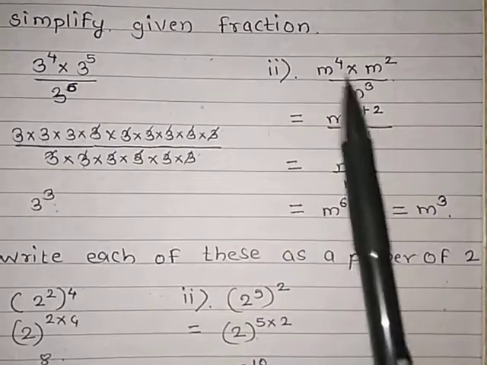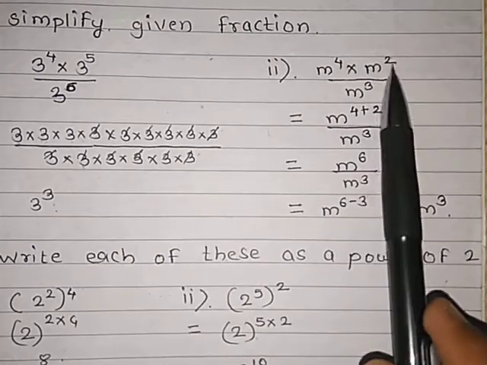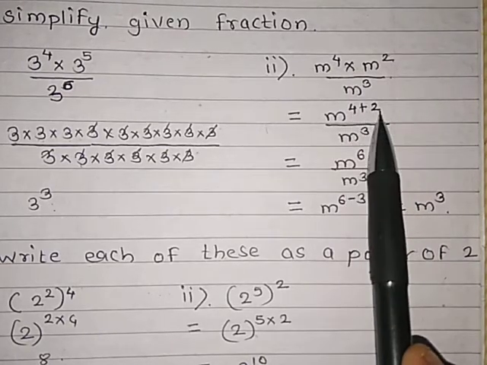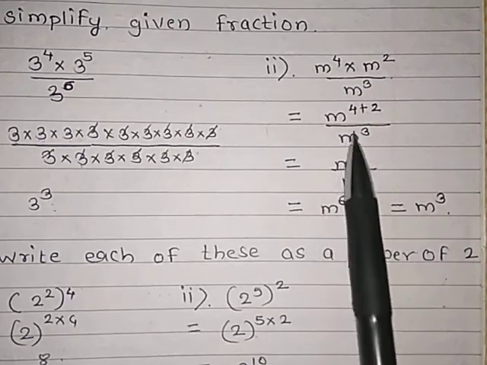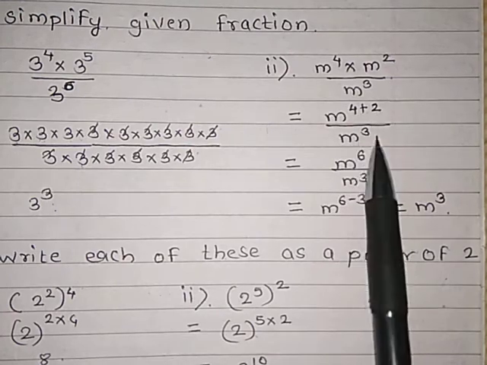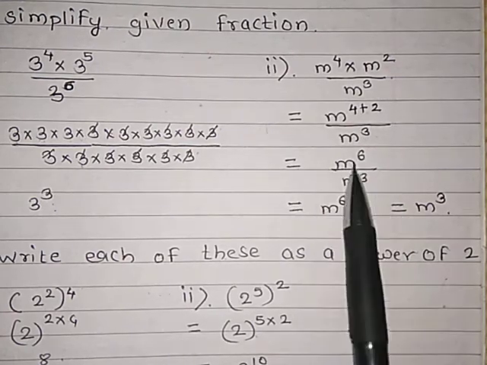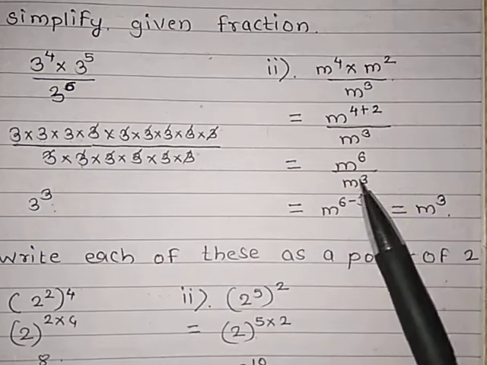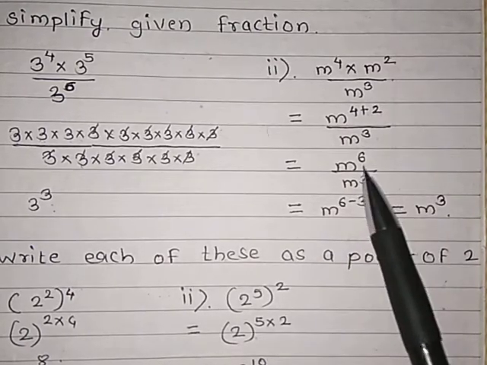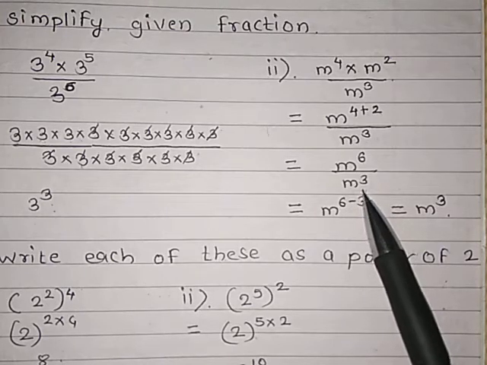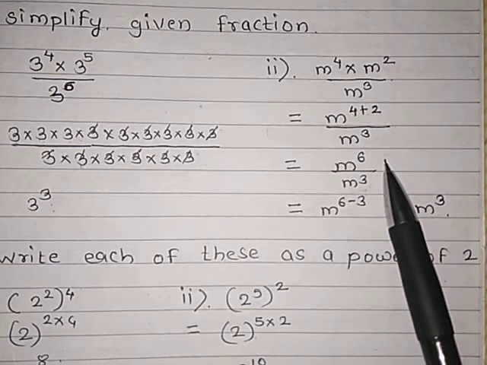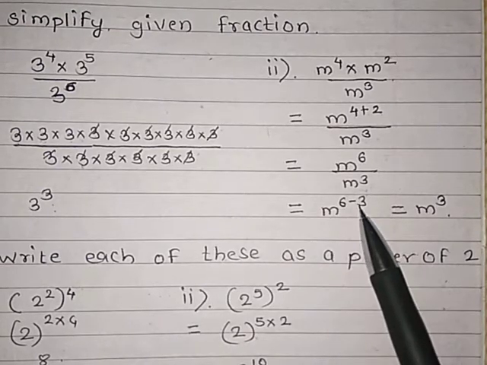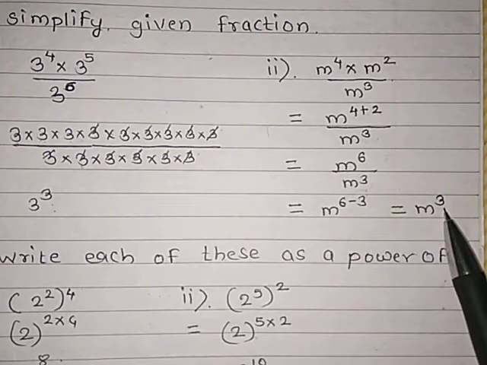So it will be m raised to 4 plus 2 divided by m cube, which will be m raised to 6 divided by m cube. Okay. Now we have a division sign here, so this 3 will be shifted to the numerator and it will be minus. So m raised to 6 minus 3, that is m cube. Okay.